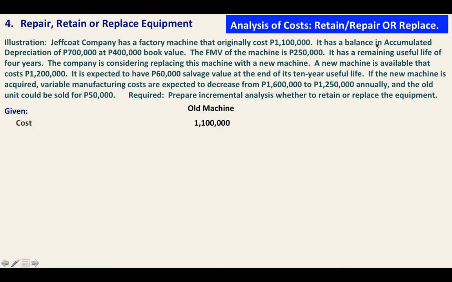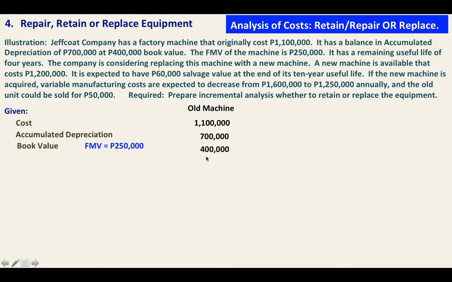It has a balance in accumulated depreciation of 700,000 and a book value of 400,000. The fair market value of the machine is 250,000, meaning that if we are going to sell this old machine, there is someone in the market that is willing to buy it at 250,000.